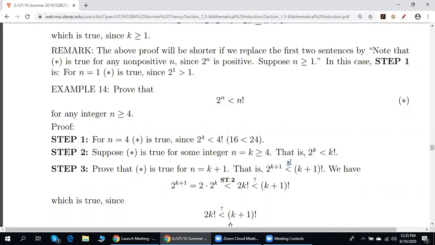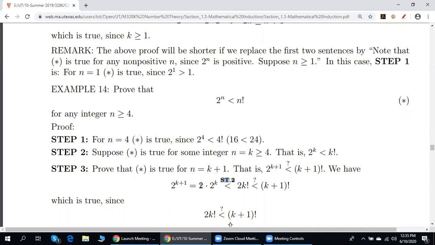Step 3. Prove, here question mark, prove that this is true for n is equal to k plus 1. Prove this. As before, we start from the left-hand side. Here is the left-hand side. 2 to k plus 1 can be rewritten as 2 times 2 to k's power.